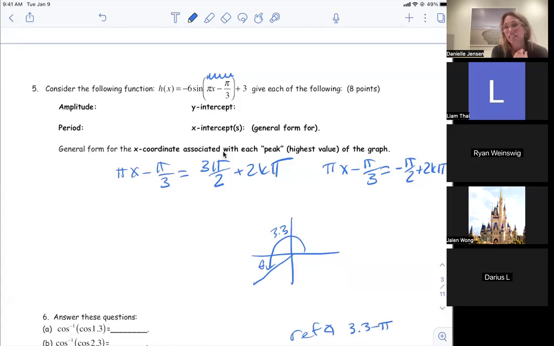Yeah, if you're setting it equal to pi over 2 plus 2k pi, that would be if there was a positive amplitude. This is for the peak part, right? Exactly. Because it's negative, you set the inside equal to normally where the troughs are. Okay, thank you.